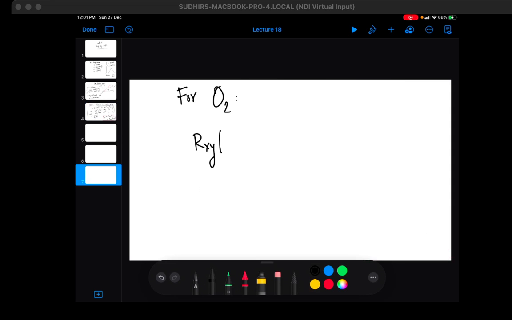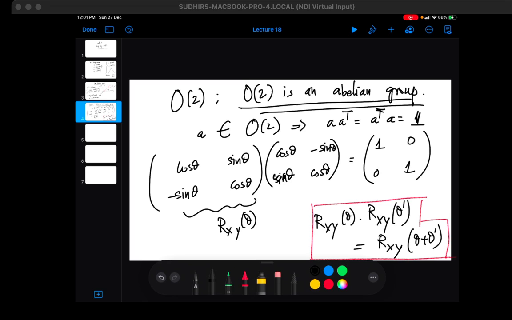R of theta is equal to unity plus, now the unity is essentially the term coming from the cos theta term.